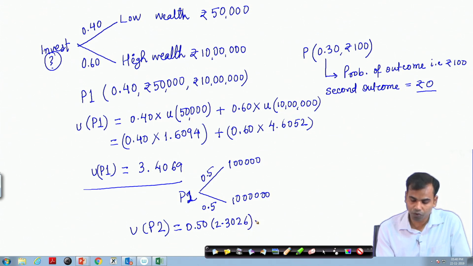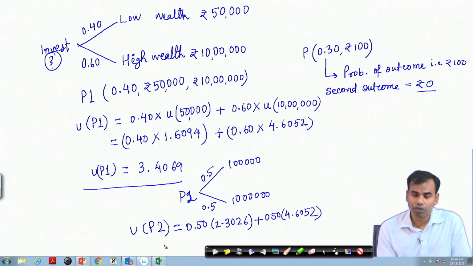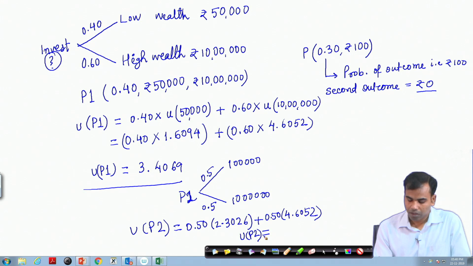I am taking the numbers from the table that we had seen earlier, and 50% probability of the second outcome, which is 10 lakh rupees, and that utility is 4.6052, and the total utility therefore can be given as utility of prospect 2 is 3.4539.